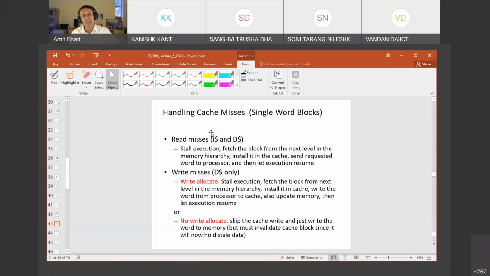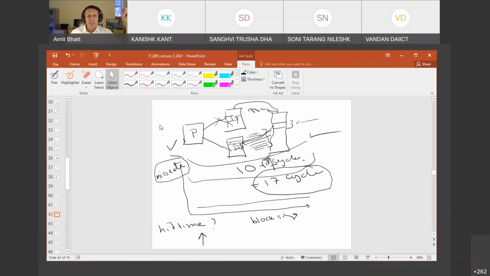copy it into a register. Now, what if a particular block is not present in this first level of cache, instruction cache or data cache? Then you go to the next lower level of cache, see if that particular block containing that particular instruction or that particular data is there, fetch it and put it in its right place, and then allow your processor to read it.